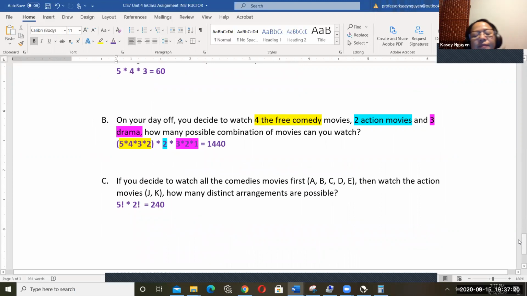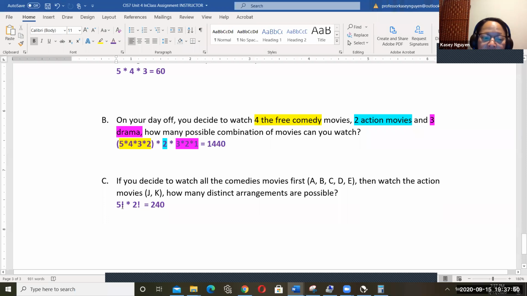Okay. Last, see if you decide to watch all the comedy movies. First, A, B, C, D, E, then watch action movie. Remember, this is order matter, right? We watch them by a specific order, how many distinct arrangements are possible? So factorial of 5 times factorial of 3. Where did I get the 5?